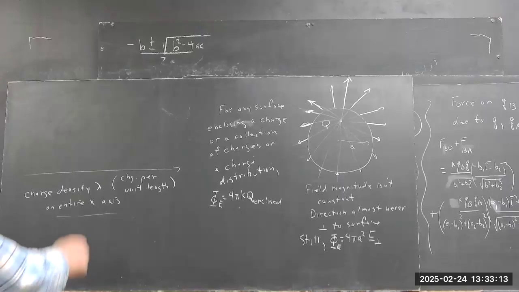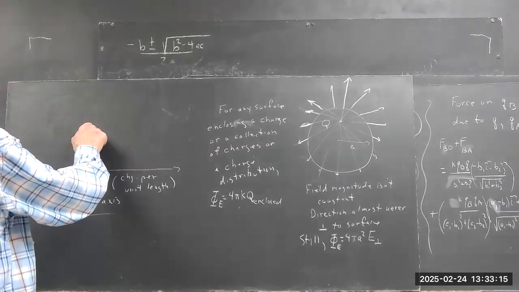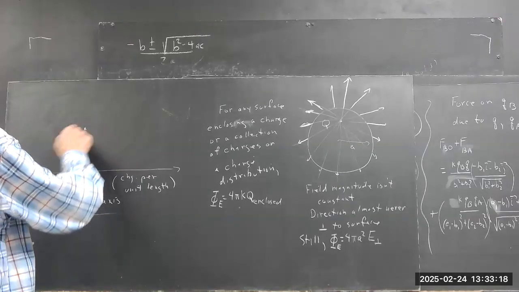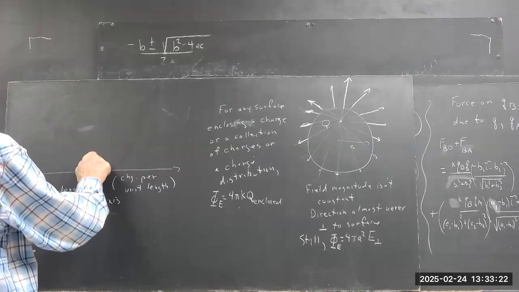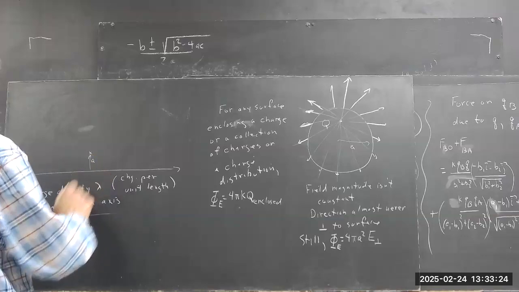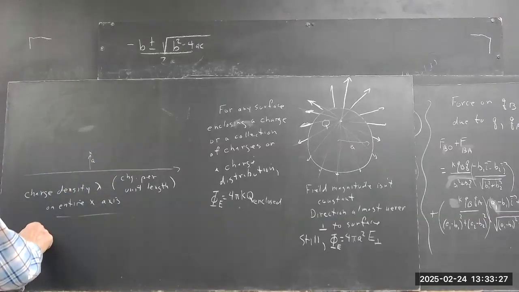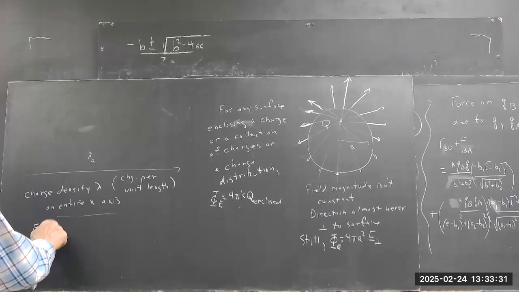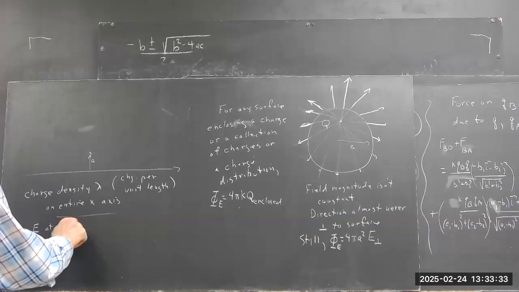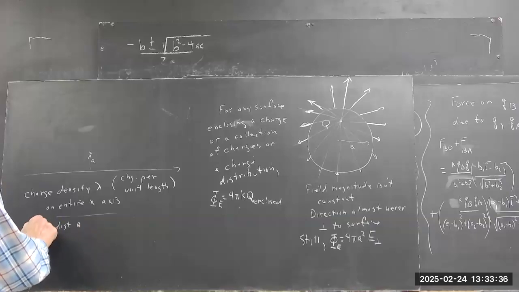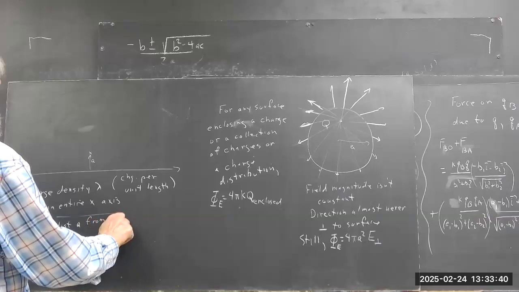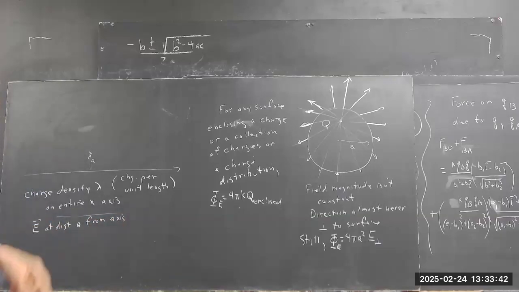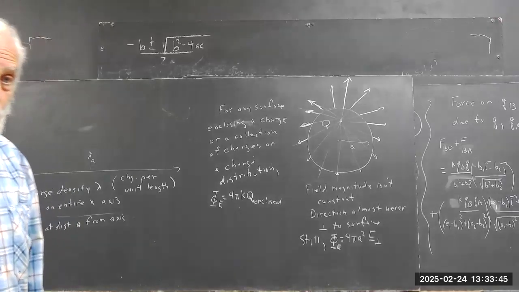I want to know what the electric field is at this point. Well, let's say this point. The electric field at distance A from the axis.